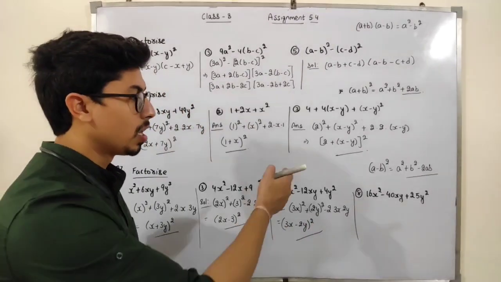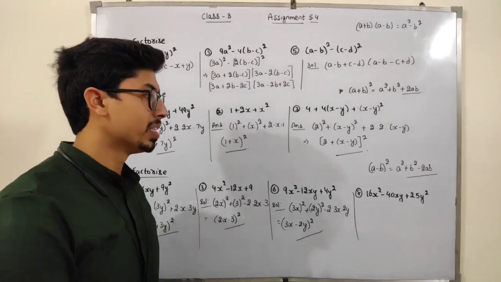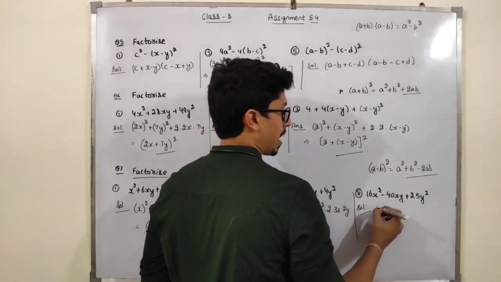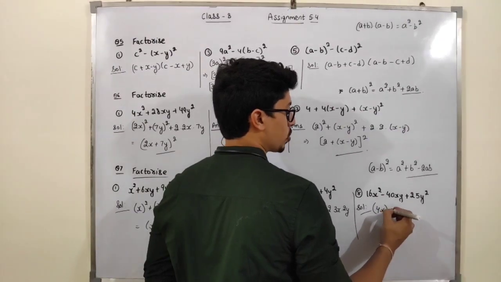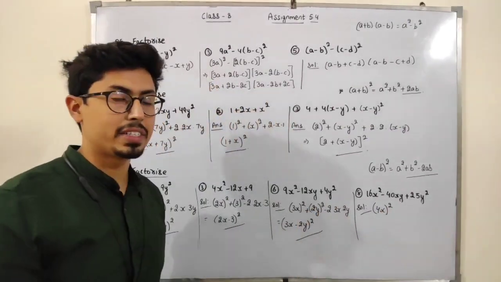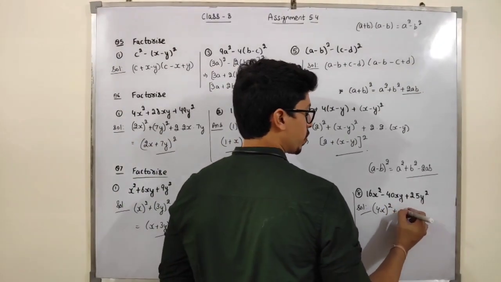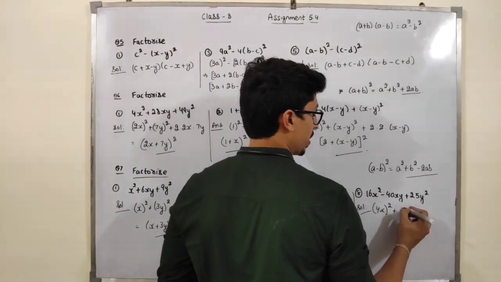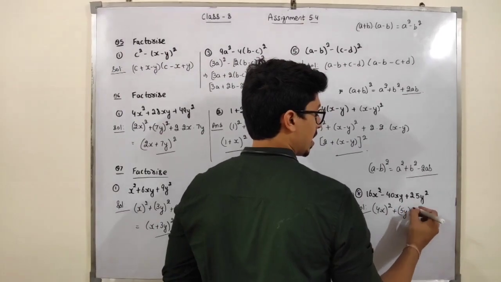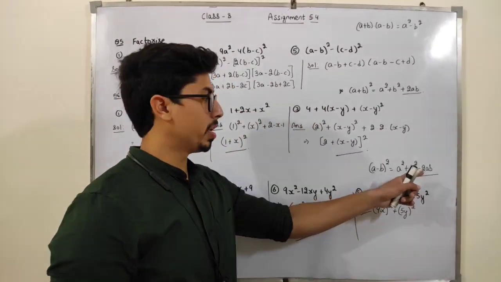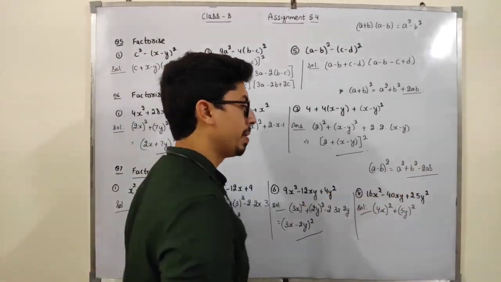Okay, students. Now moving forward to the last part, students. See, I can write 16x square as 4x whole square. 25y square I can write as 5y whole square. Students, we have negative sign here, so I have to make this formula, that is minus 2ab I want.